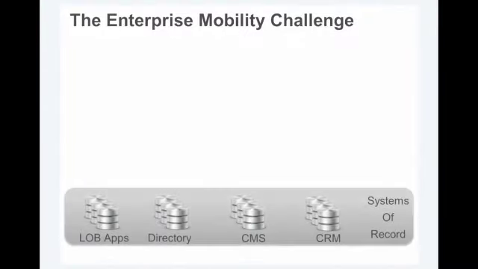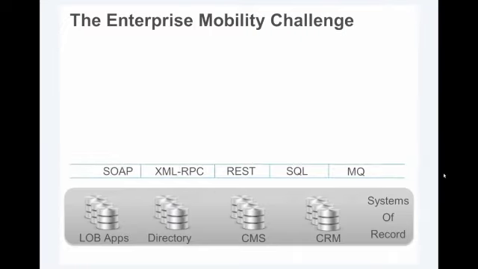So today we've got the existing systems that drive our enterprises: the line of business systems, the databases, directory services, content management services, the transactional and content systems that drive our brands to do what we do today.